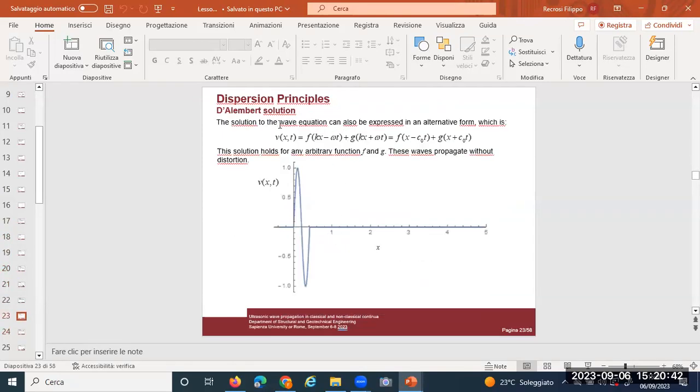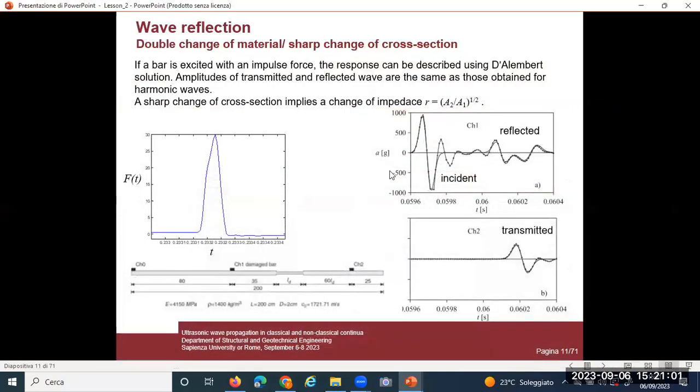Okay, here you see that whatever f or g function, which can be expressed as a function of the quantity kx minus omega t, can be a solution for the equation of motion.